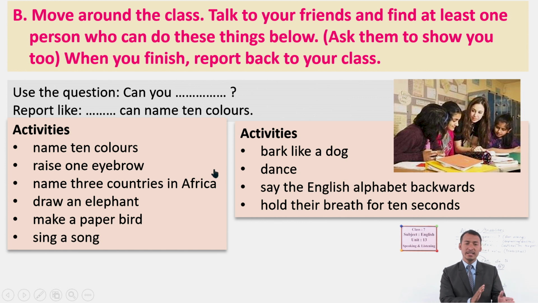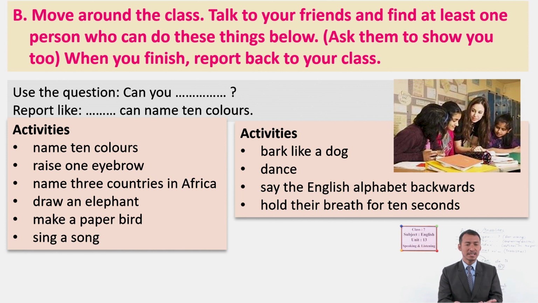These are the things, and you move around your classroom and talk to your friends to ask for these abilities. If they can do them, you note them and then you report back to your class.